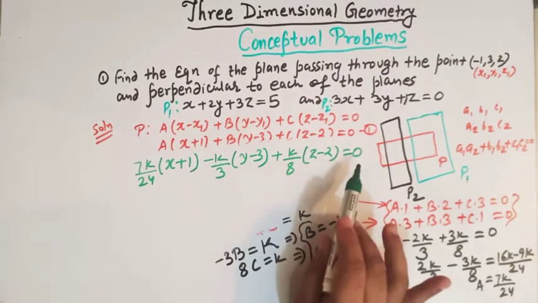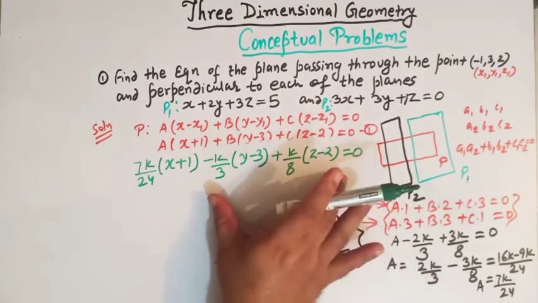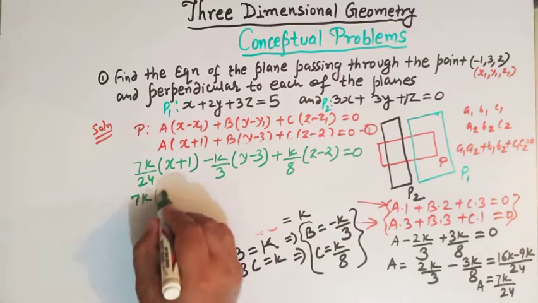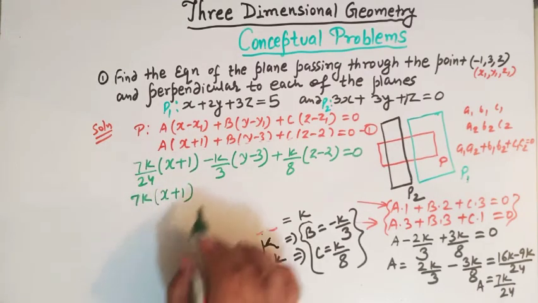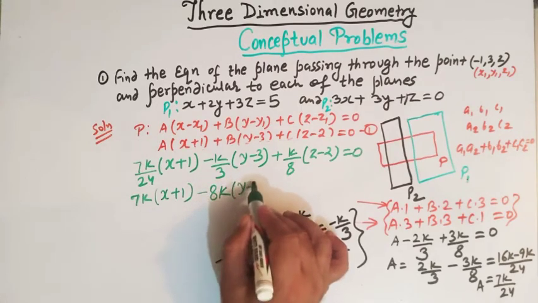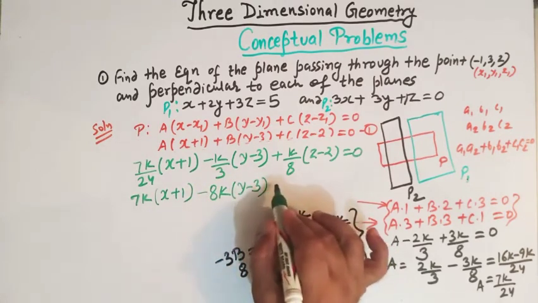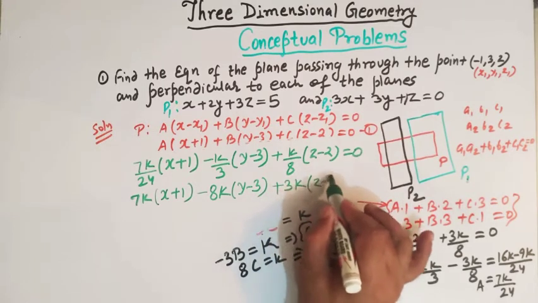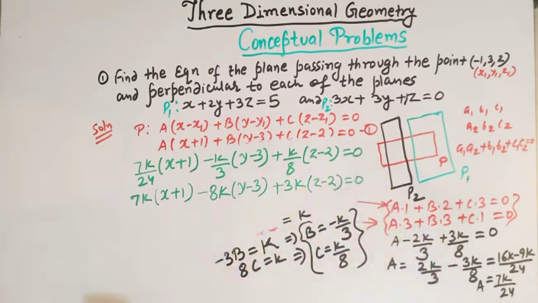Now multiplying throughout by 24, we get 7k times x plus 1 minus 8k times y minus 3, and then we have plus 3 times 3k times z minus 2 is equal to 0.